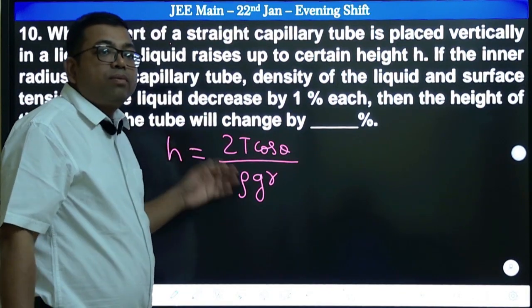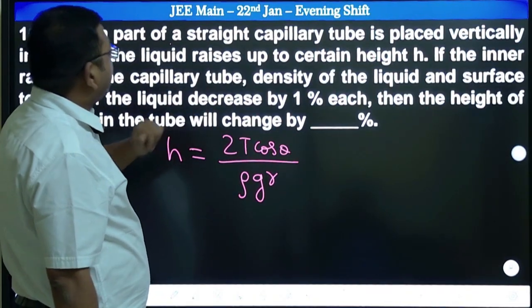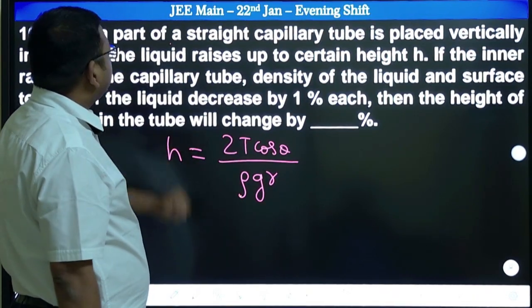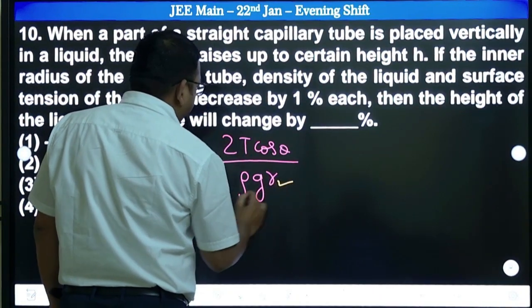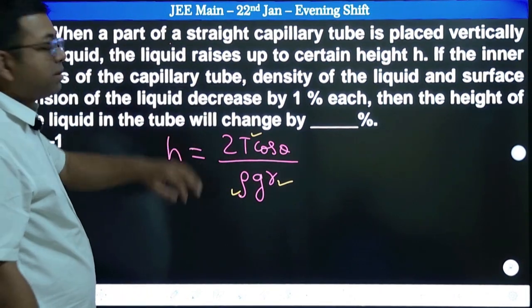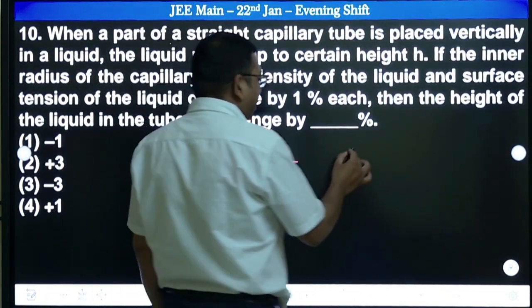Now when we want to use this equation, here what are the things they are changing? Density, then surface tension, inner radius. So r, density and surface tension, they are changing. How much? Decreasing by 1%. So when they are decreasing by 1%, can we apply error analysis?